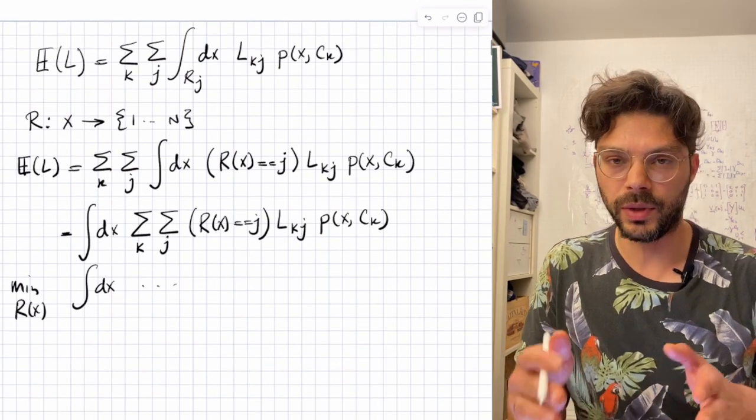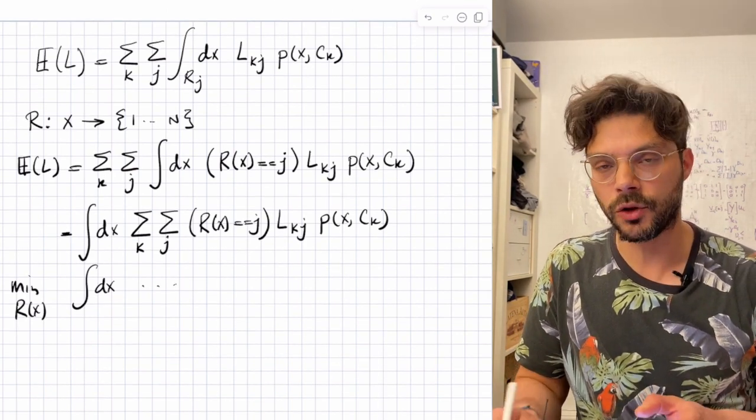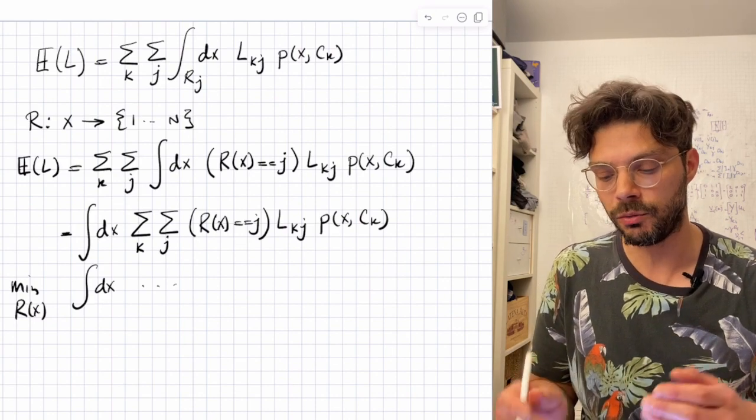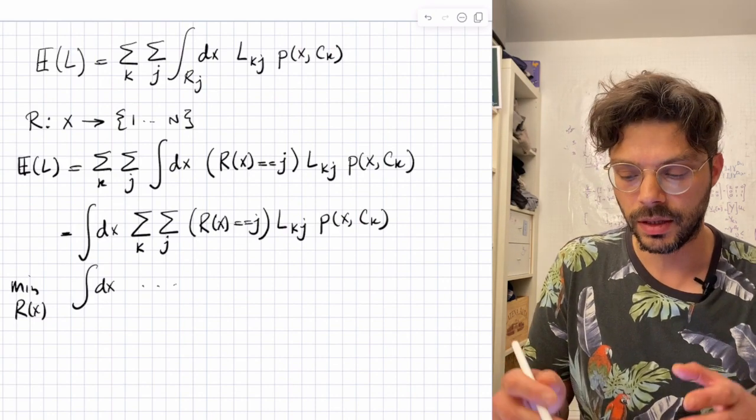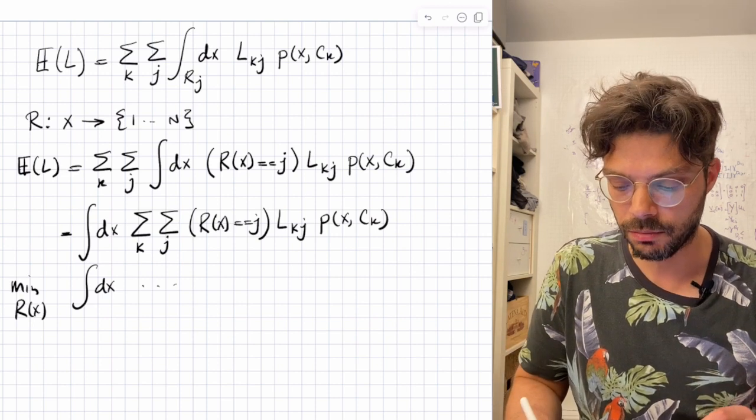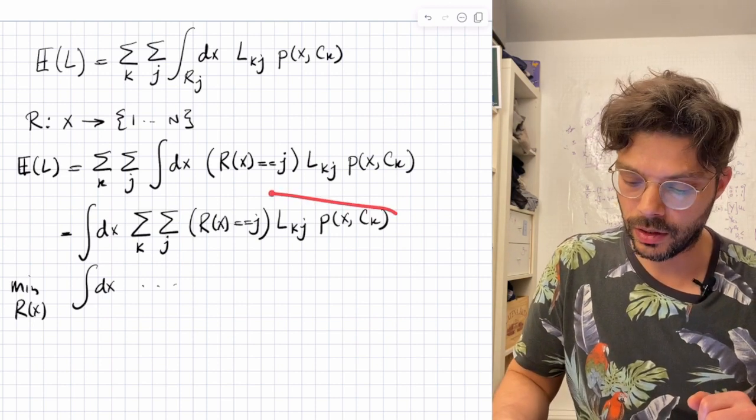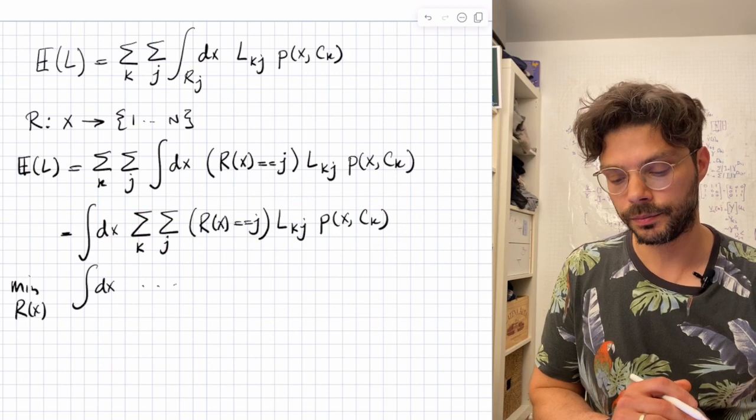But because we have these functions that are independent at every single point x, we can actually perform the minimization pointwise. So I can minimize this at every single point.